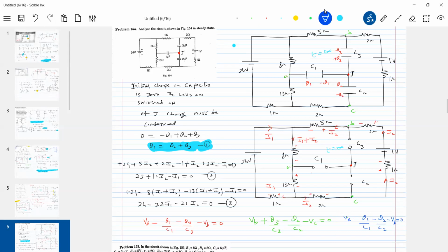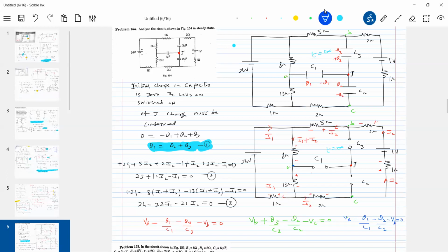Okay, how to calculate VAB, VB? So again, writing KVL from A to B. After getting I1, I2, write KVL from A to B. Okay, it's a very big story here. So just learn the method. Even at steady state, we should follow the conservation of charge principle.